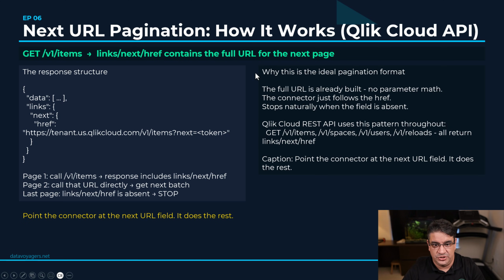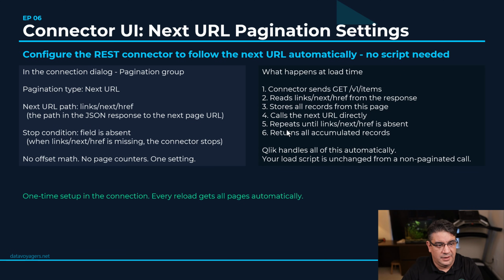I can show that for you in Postman in a second. Again, most of the endpoints in Qlik that return multiple items use this next URL pagination style, such as items, spaces, users, reloads, etc. Okay. All right.